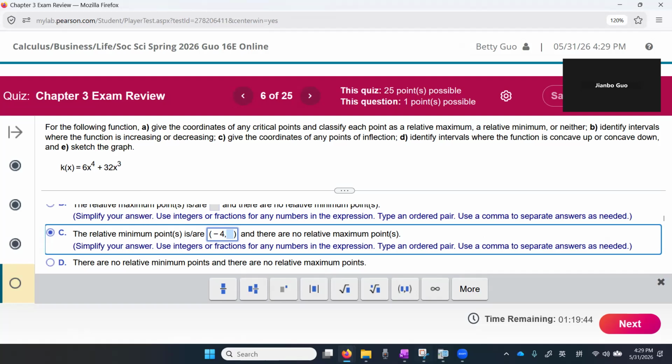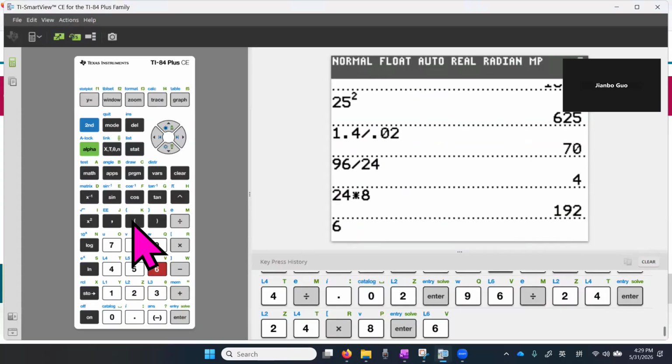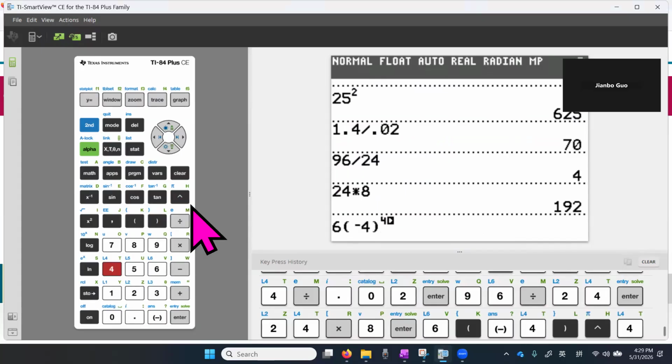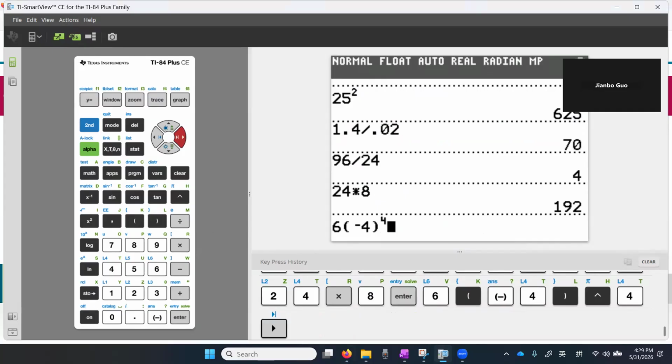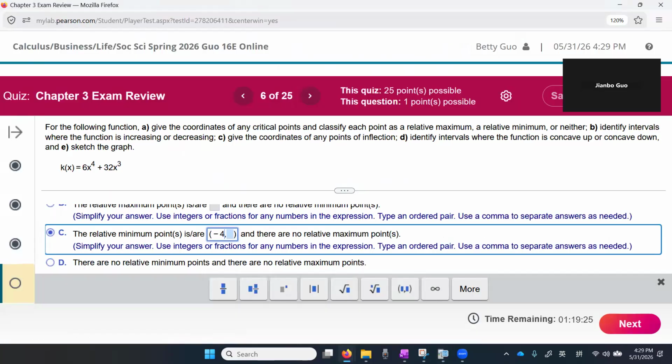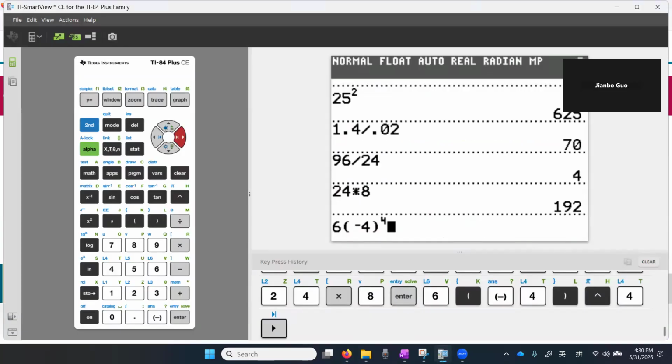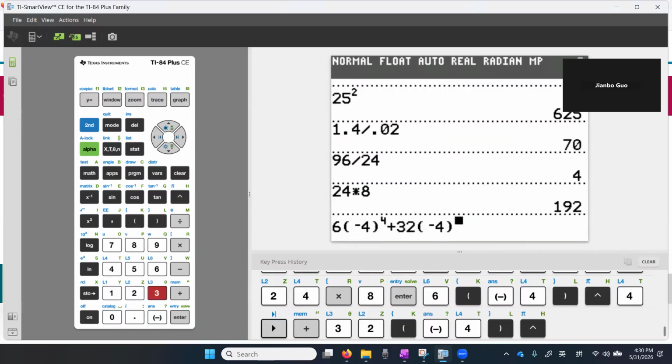Plugging in here, 6x fourth power plus 32x cubed. Let me double check.